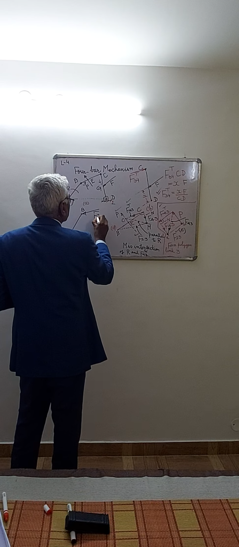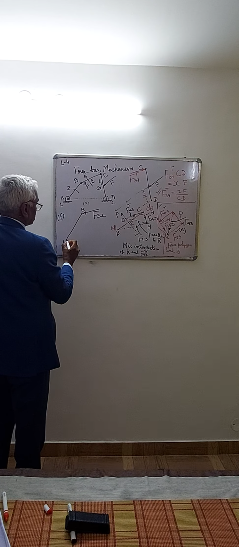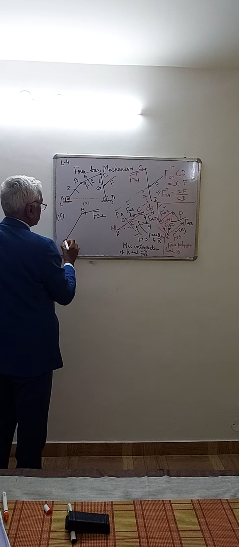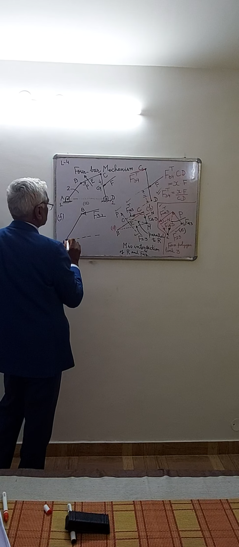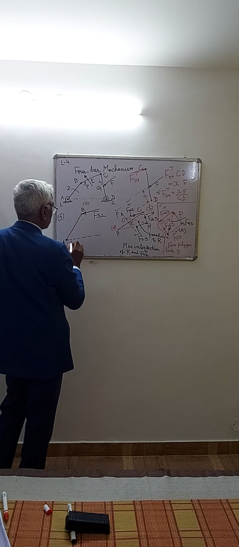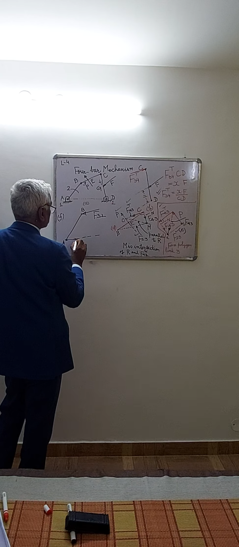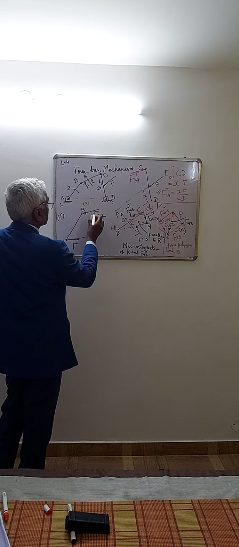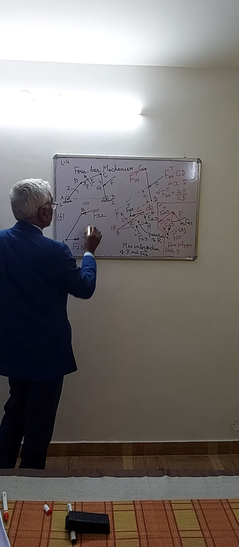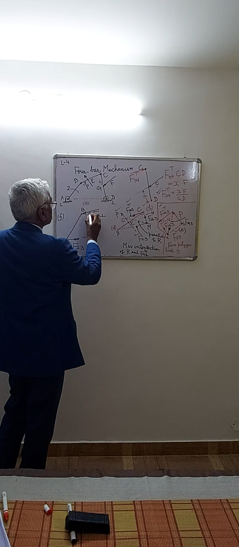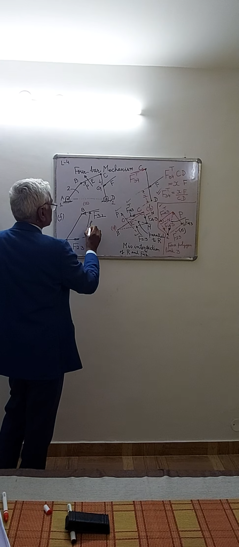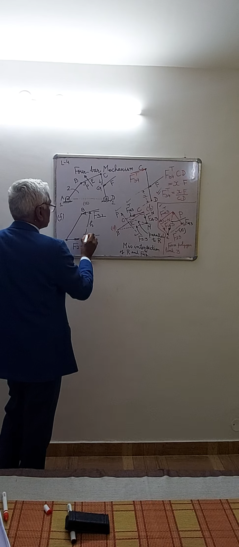F32 will be in this direction. Another force parallel to this will be passing through this point. That force will be F32, and that force will be F23. Suppose this is the distance between them. This perpendicular distance is h.